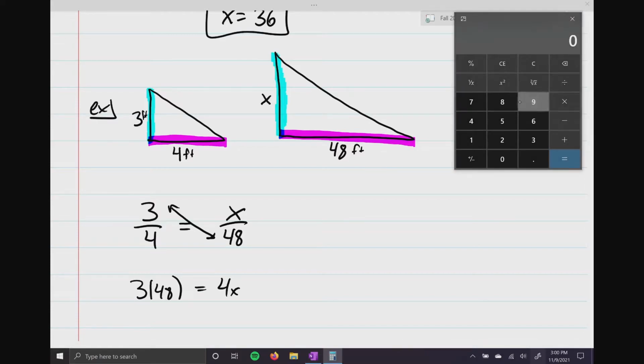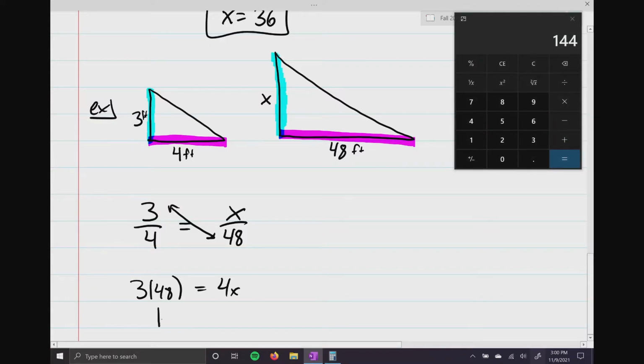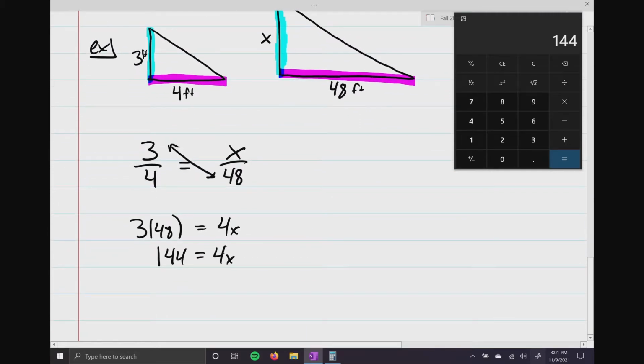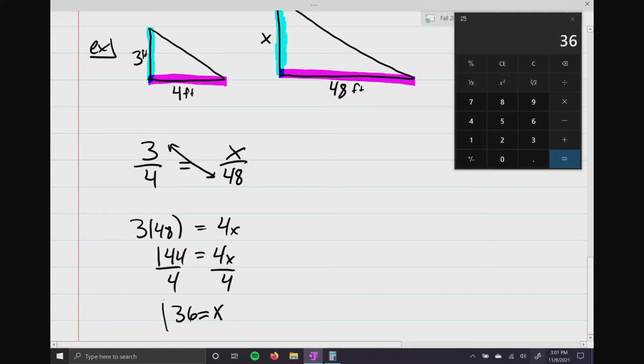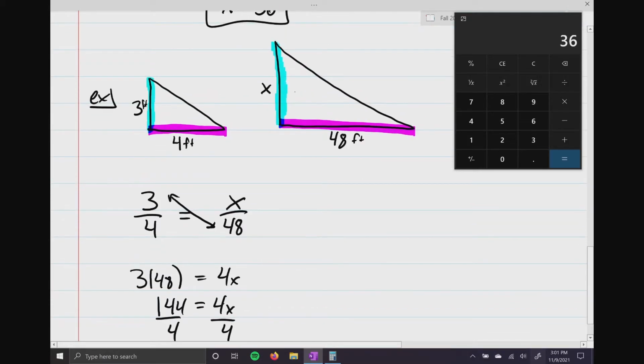Now, 3 times 48 is equal to 144 equals 4x. And then if I divide both sides by 4, I get x equals, so 144 divided by 4 is 36. So I know this height right here is 36 feet.